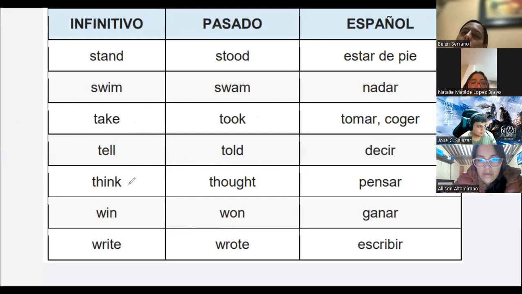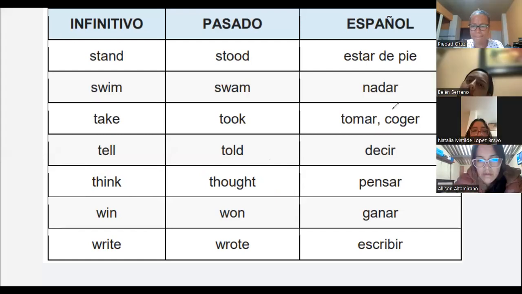Okay, so in here, este es el que es un poquito complicado. Think, el pasado es thought. Estas tres letras no se pronuncian. Recuerden el sonido de la TH, aquí es thought. Think, thought. Think, thought.